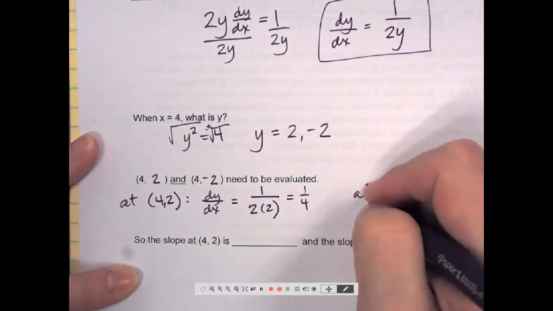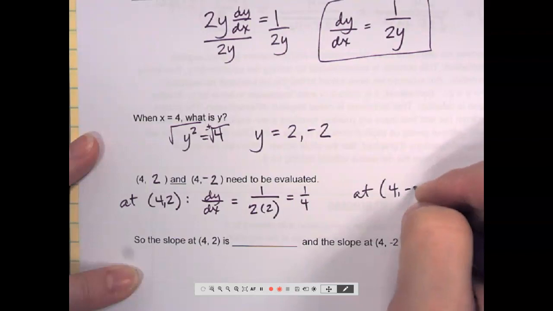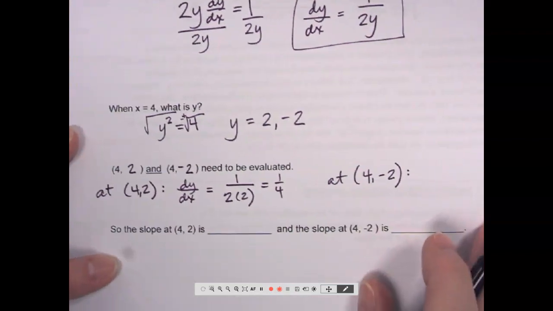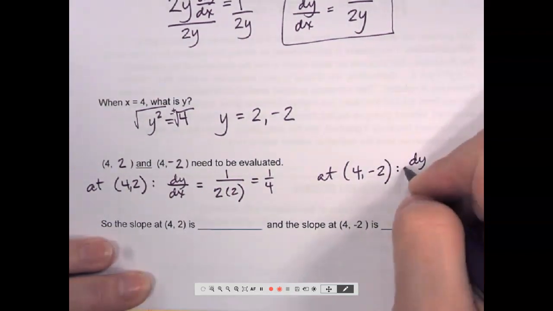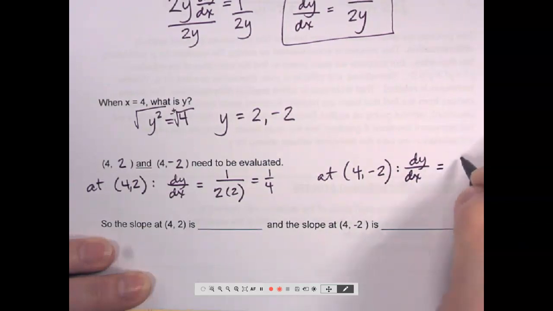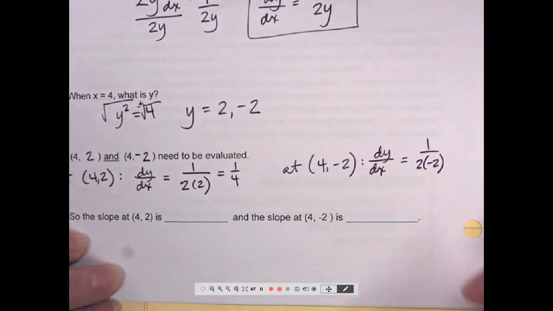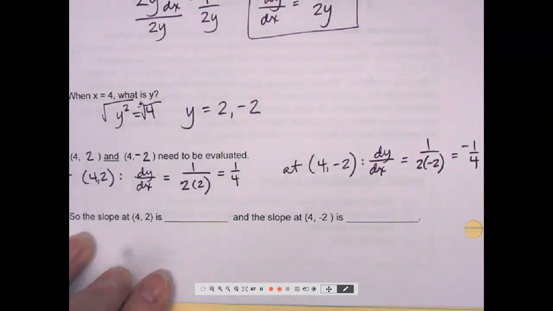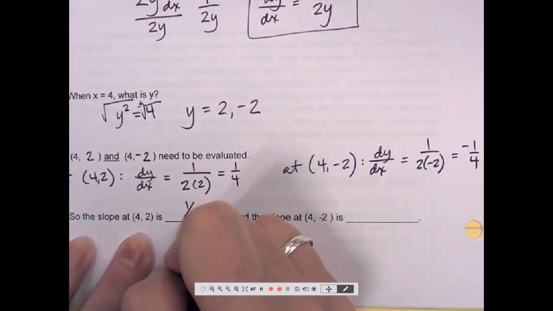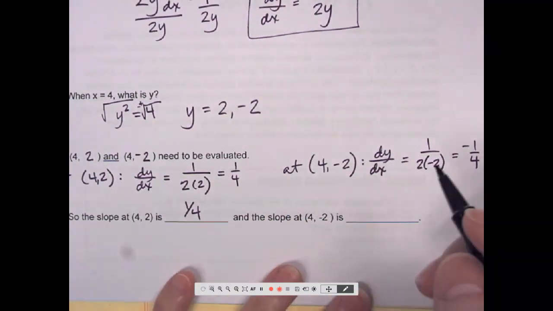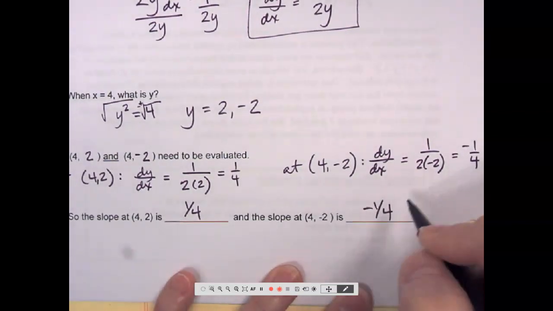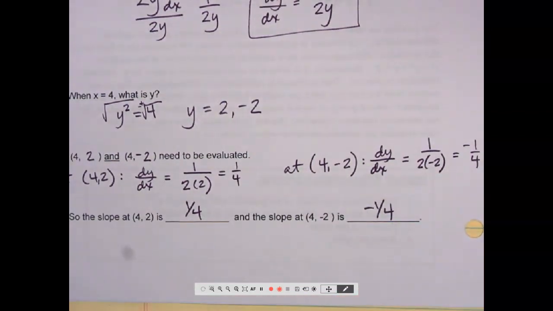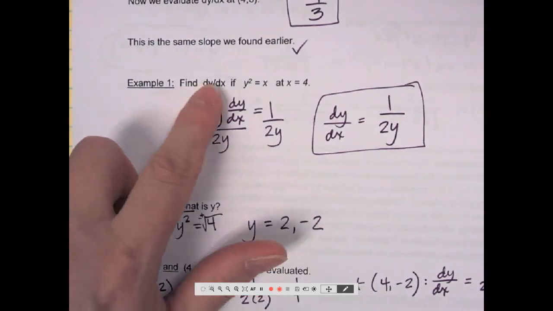And then at (4, -2), dy/dx, showing you where we're getting this number, 1 over 2 times negative 2 is negative 1/4. Okay, so the slope at (4, 2) is 1/4, and the slope at (4, -2) is negative 1/4. What would this graph be if I graphed it?